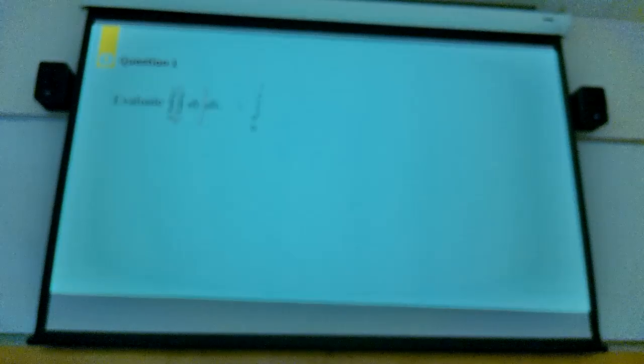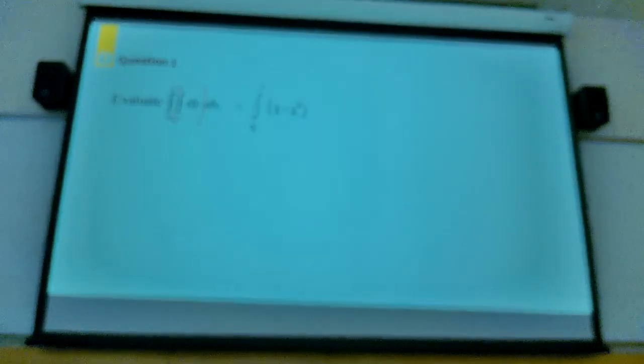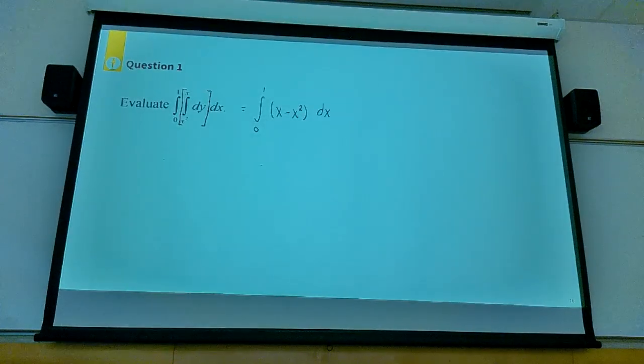So I'm going to use the shortcut and say, oh, well, integral of dy, that's just the length of the interval, which is x minus x squared. Well, integral from 0 to 1 of x minus x squared.